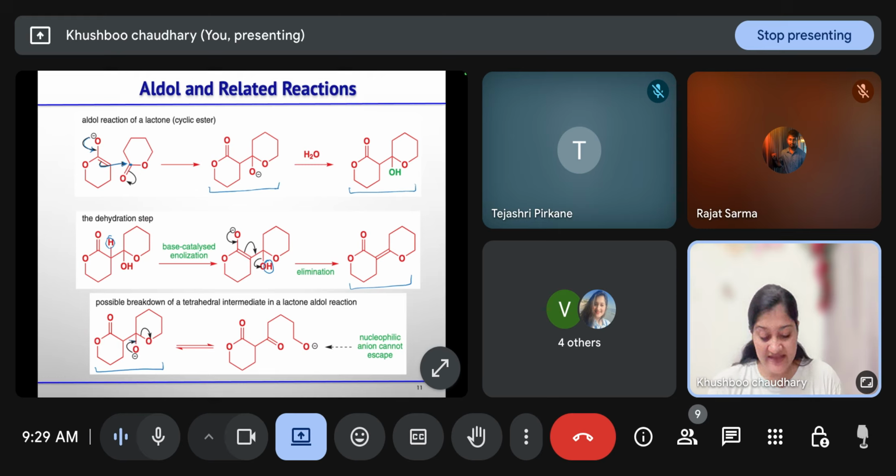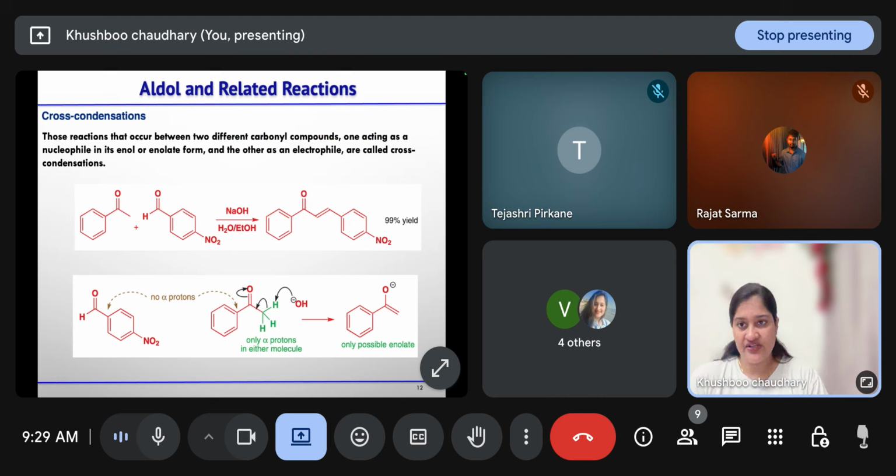As this side chain is attached to the other ring, after this formation it will revert back, and then through the E1cB mechanism the same reaction will take place to give you the final product, because elimination can't take place further, or this nucleophilic anion cannot escape this molecule.